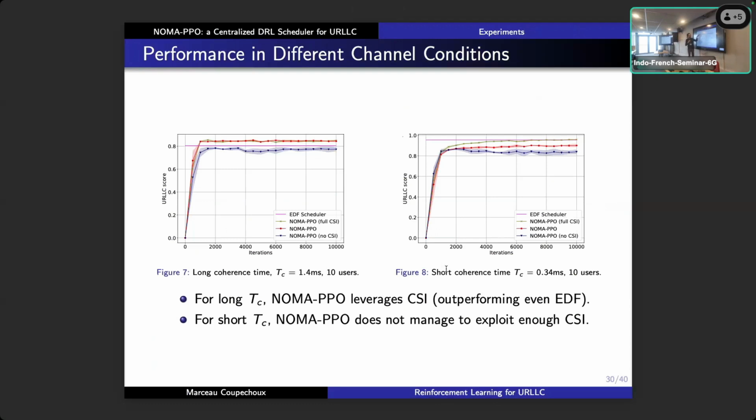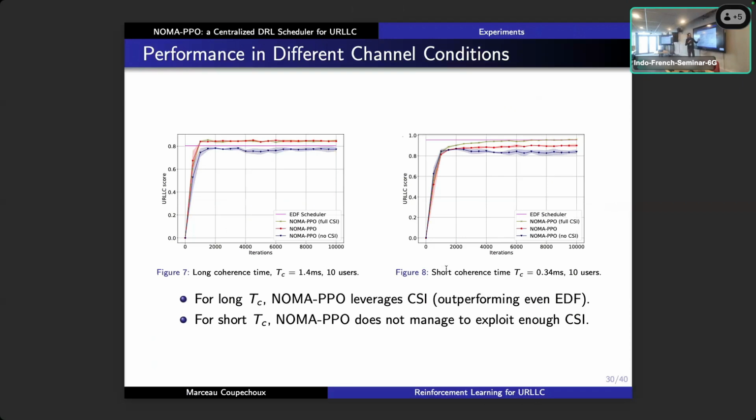Here we see that full CSI and NOMA PPO have approximately the same performance. It means that the algorithm is able to learn the channel. It is interesting to see that we even beat EDF, because EDF is aware of the buffer. It's an oracle with respect to the buffer, but not with respect to the channel. So you can even beat EDF if you have time to learn the channel.